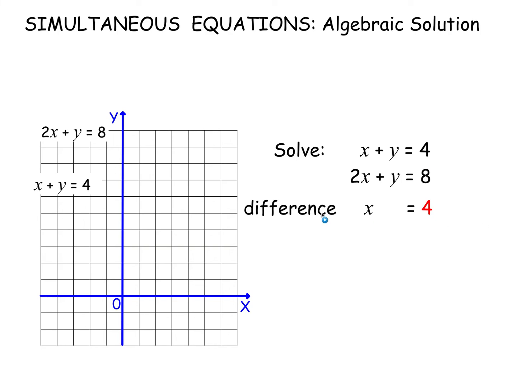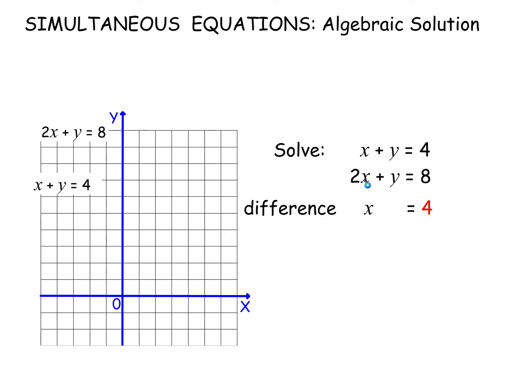In other words, the difference between these two equations is the extra x on the left resulted in an extra 4 on the right. The x is worth 4. What's happened is we've found out what x is, and the y's have been eliminated, they've gone. A difference is a subtraction, so you can think about it as a subtraction.